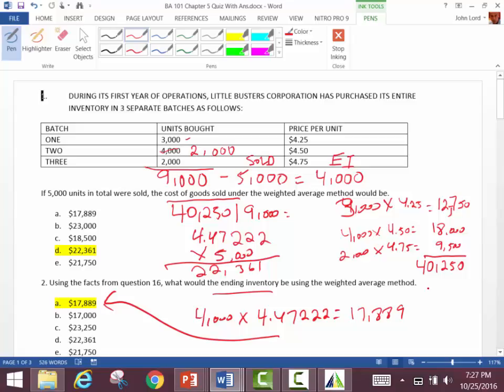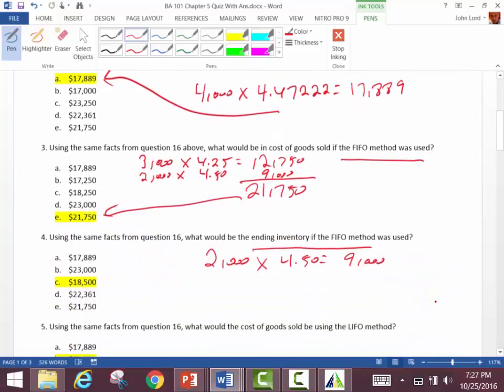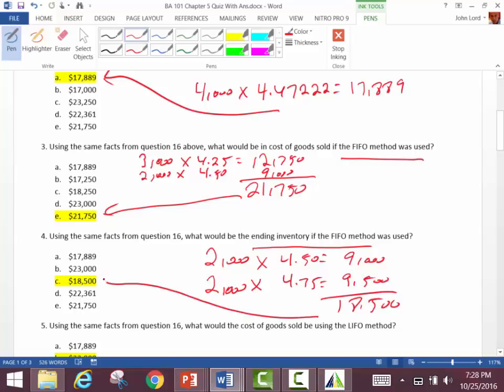It's all those that are left, right? Okay, from batch 3. Sorry, I slipped into a LIFO thing here. 2,000 from batch 3 at what? 475. How much? And that gives me the 18,500. Good.